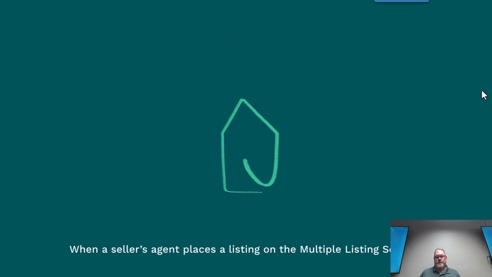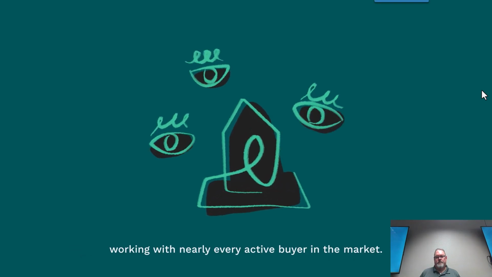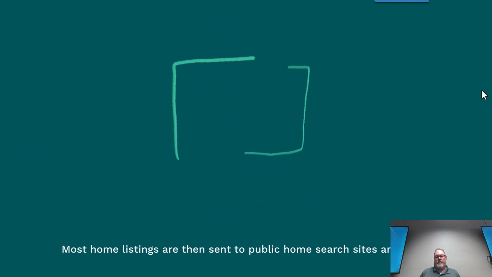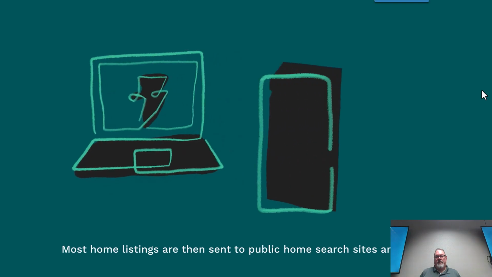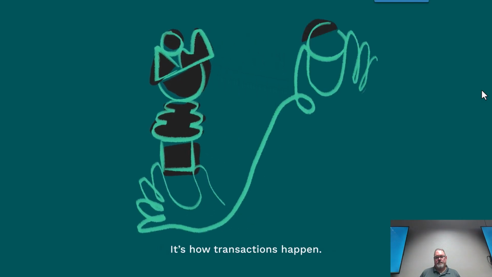When a seller's agent places a listing on the Multiple Listing Service, it gets in front of nearly every agent, working with nearly every active buyer in the market. Most home listings are then sent to public home search sites and apps. But this network of relationships, it's how transactions happen.